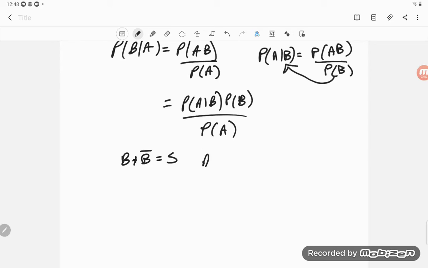So we could write A as equal to A intersect B plus A intersect B complement.